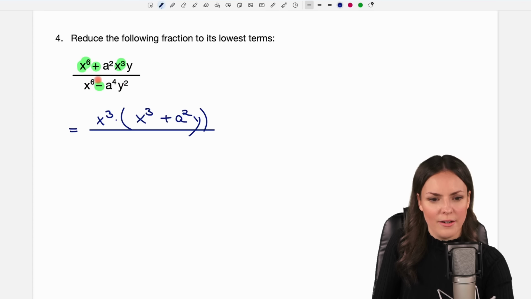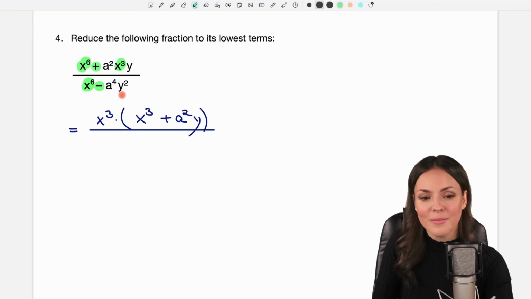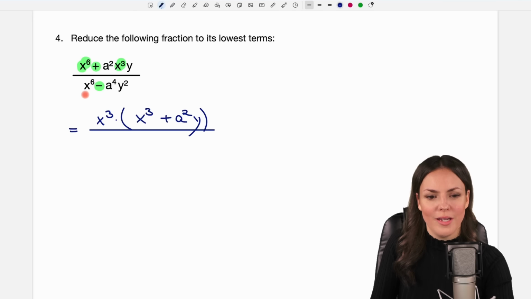What about the denominator? I would love to factor things out as well, but the problem is that x to the power of 6 is in here, but here is no x in here, so we can't just factor out something. We have to find a different way to write this as a product, and if you have a difference of two parts, so something minus something, always check if this could be a difference of squares.